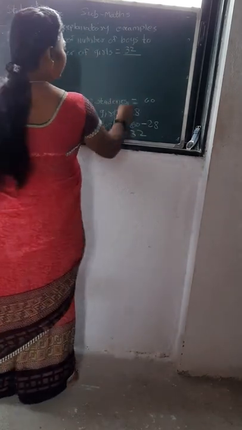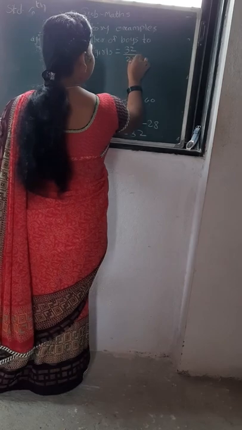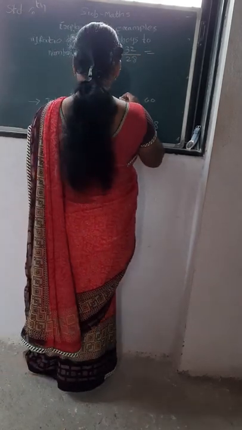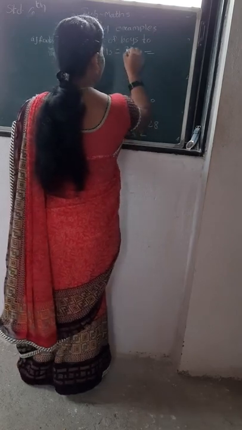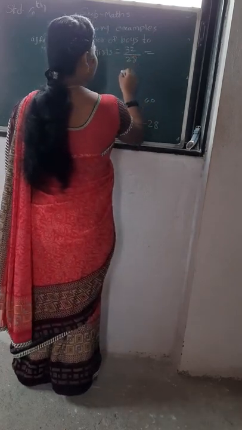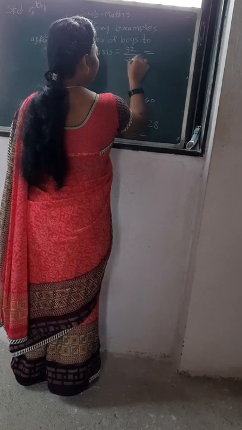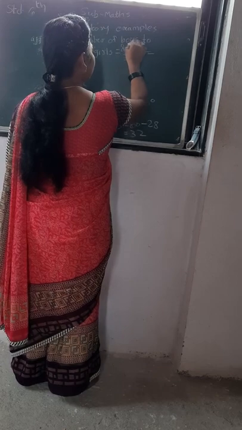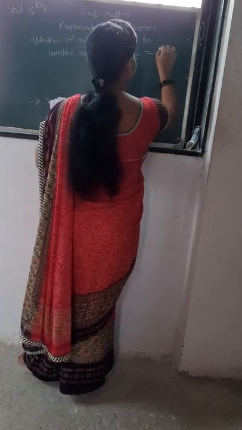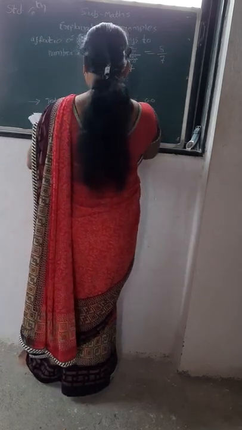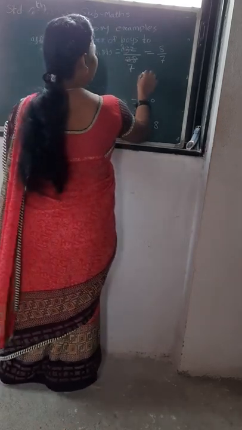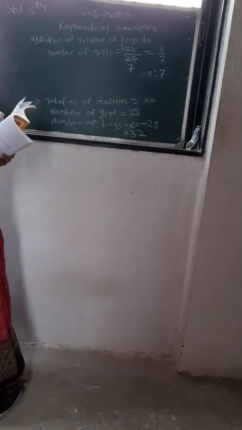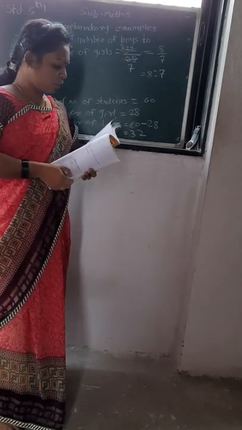Number of boys is 32 and number of girls is 28. 4 7s are 28, 4 8s are 32. Ratio is 8 upon 7 or 8 to 7.